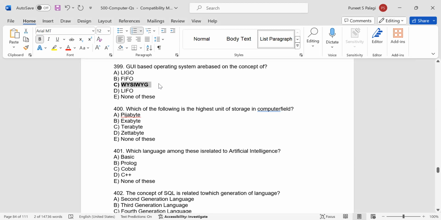Then which of the following is the highest unit of storage in computer field? Petabyte, exabyte, terabyte, zettabyte?